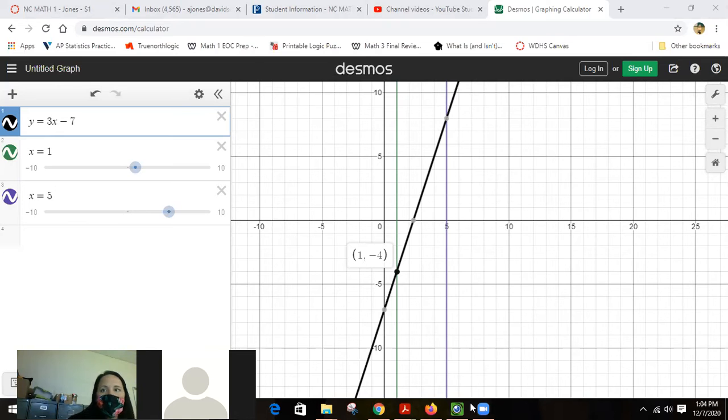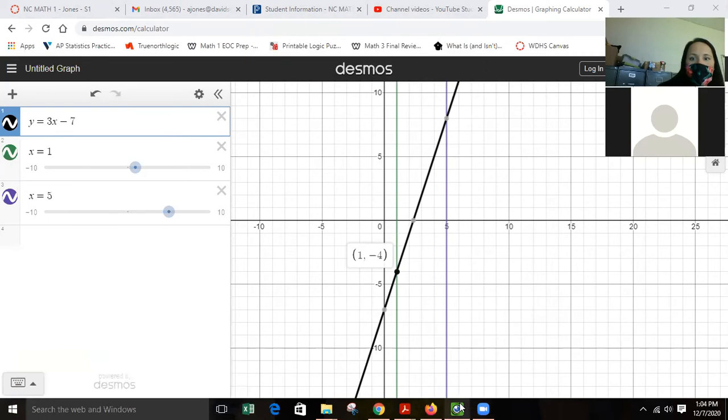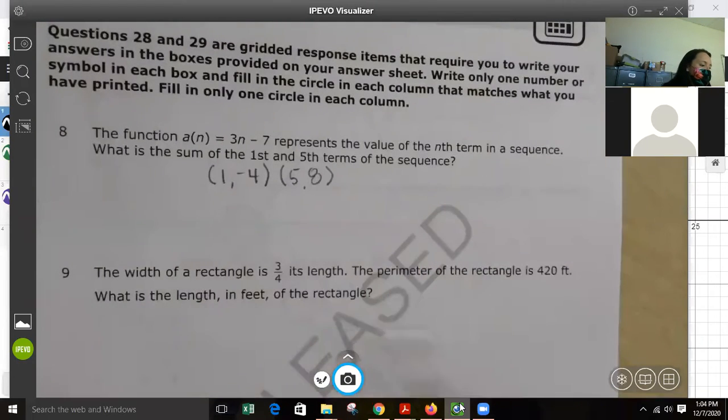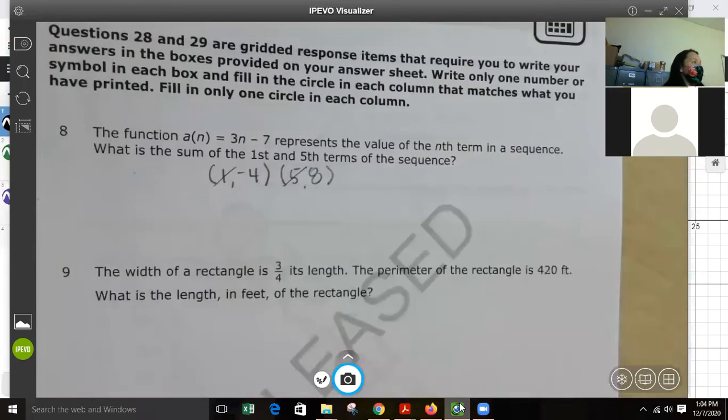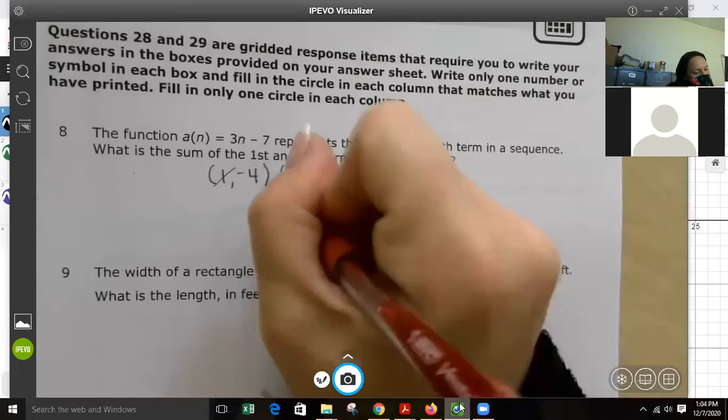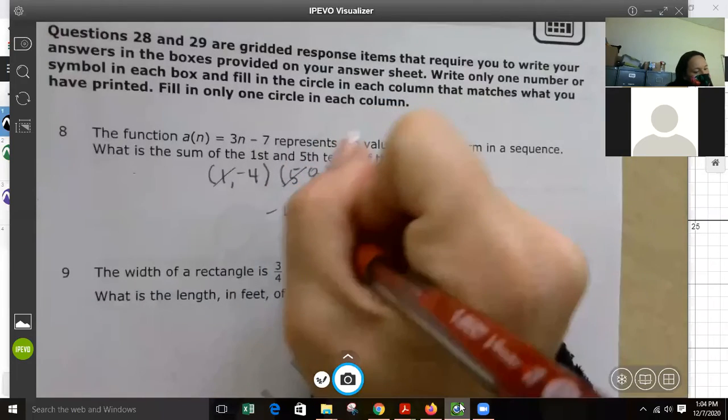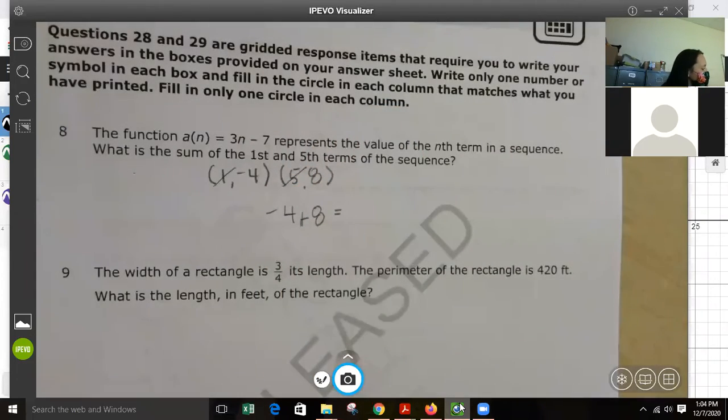All right. When I go back, it says, what's the sum of the first and 5th terms? So there's your first and 5th term, -4 and 8. We're going to do -4 plus 8. And what is -4 plus 8?